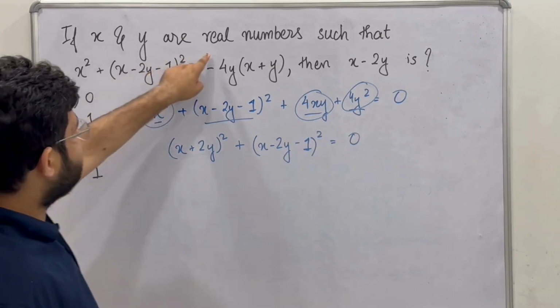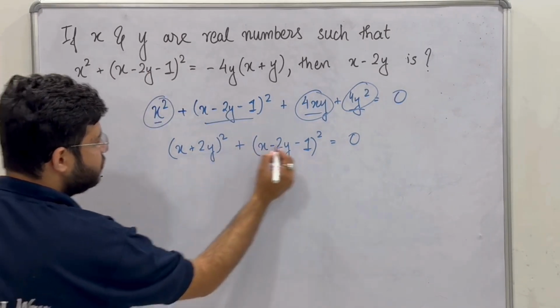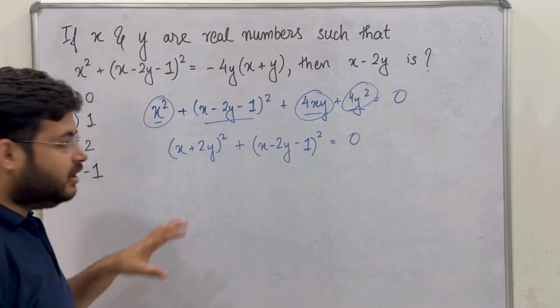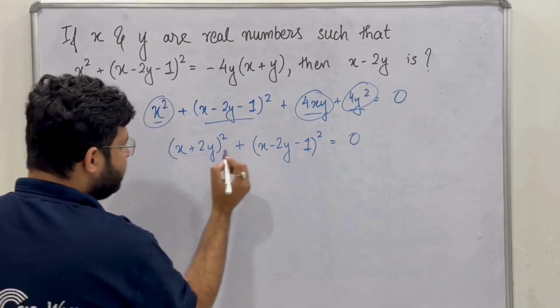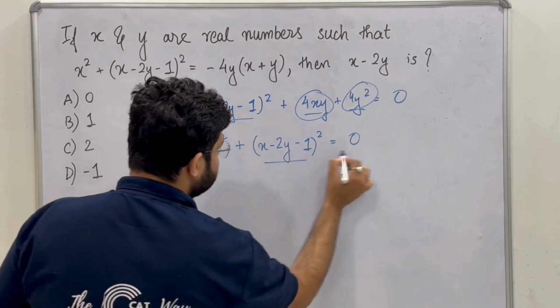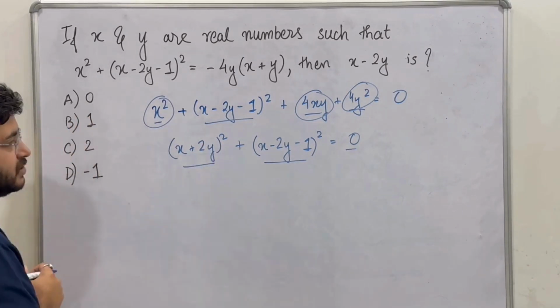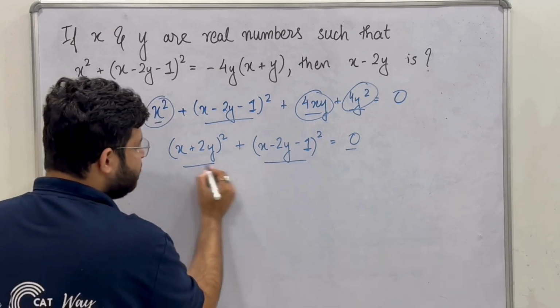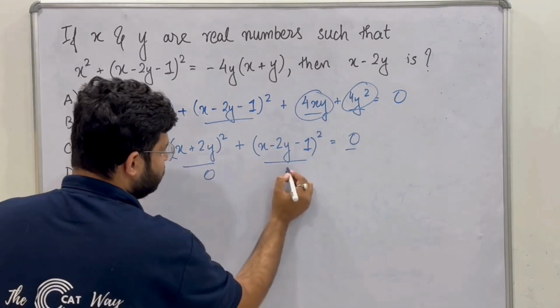Now since we have been given that x and y are real numbers, that simply means that the squares of real numbers are always going to be non-negative, not only integers, always positive or zero. So for the sum of two such numbers to be equal to 0, both of them have to be 0, right?